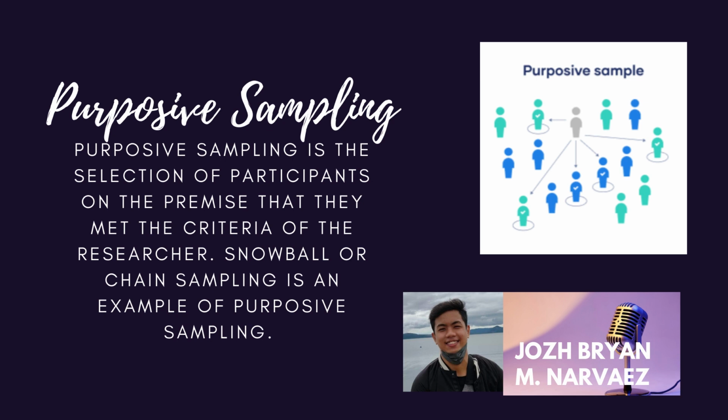Tapos ang snowball or chain sampling ay halimbawa lang ng purposive sampling. So ang alam naman po natin na ang purposive sampling ay also known as judgmental, selective, or subjective sampling, is a form of non-probability sampling kung saan ang researchers po ay nag-judge gamit ang kanyang sariling opinion kapag nakapili na yung mga kanyang kasamahan na mga participant sa kanilang survey.